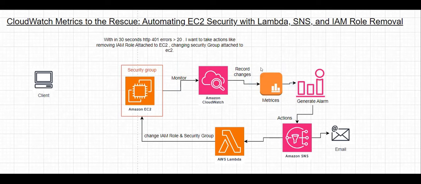Then after we create the metric, whenever the limit or threshold is reached, that is, HTTP 401 error requests are greater than 20 within 30 seconds, in order to notify us by email or take appropriate actions on servers by using Lambda function code, we need some alarms, right?